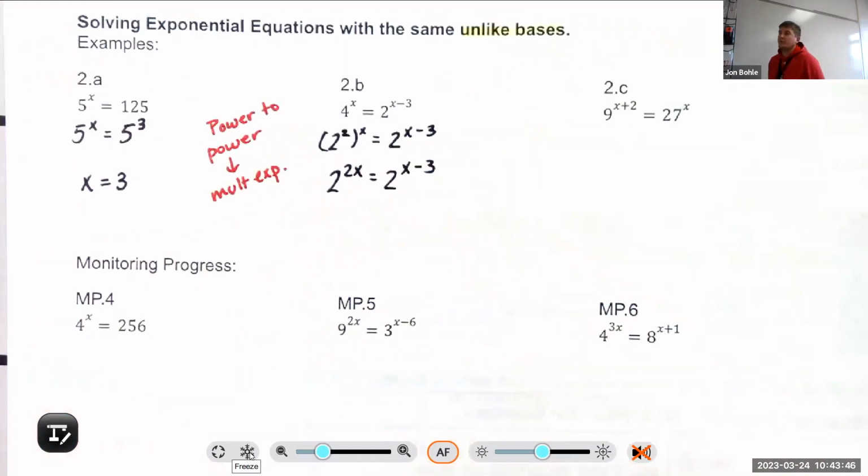Remember, power to power, you want to multiply your exponents. 2 times x is 2x. Are the bases the same now? Yes. Since the bases are the same, I can say that the exponents are the same.